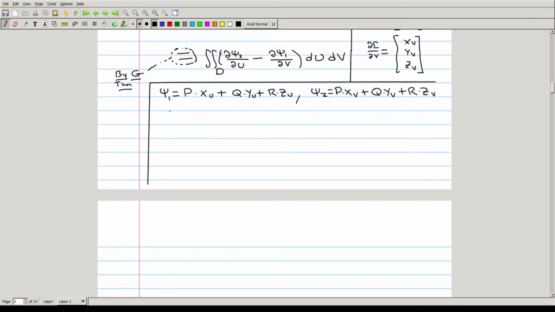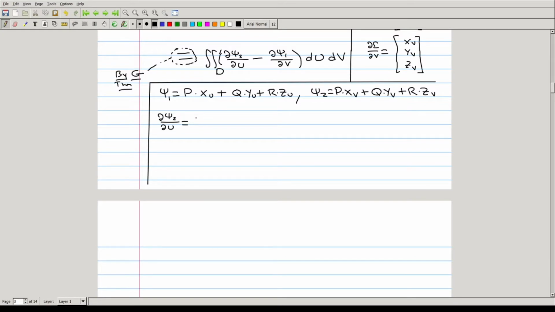And so now when we go through and take the partial derivative, in this expression we need d psi 2 du and d psi 1 dv. We need to subtract the two from one another. So we get d psi 2 du first. Psi 2 is this right here, and for each one of these terms, we're going to have to do the product rule.